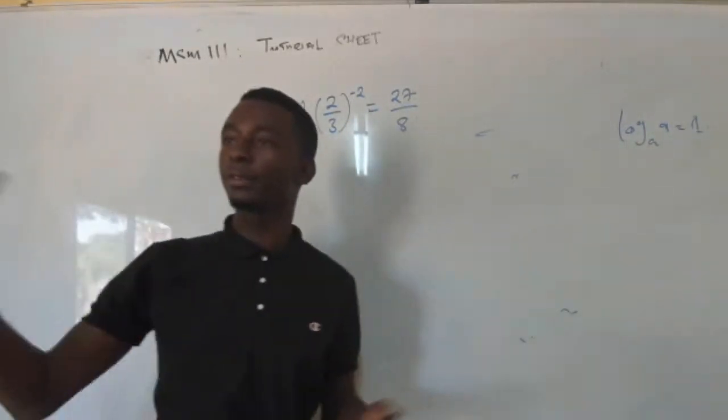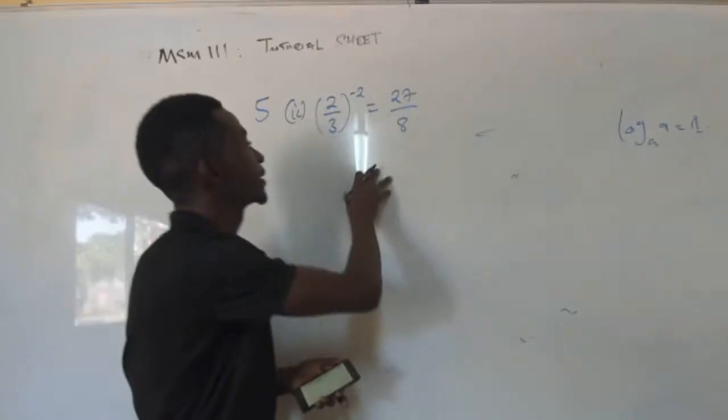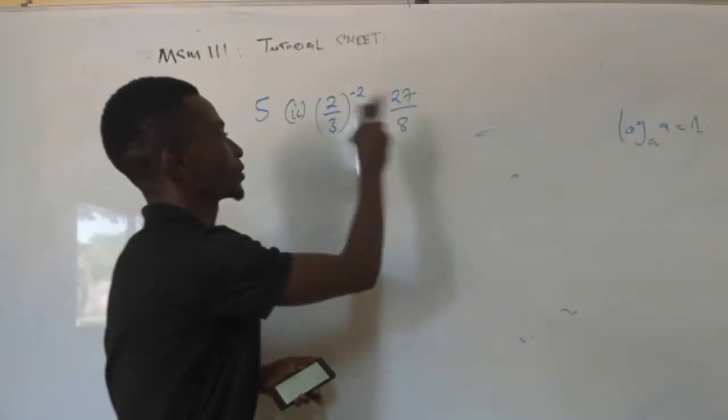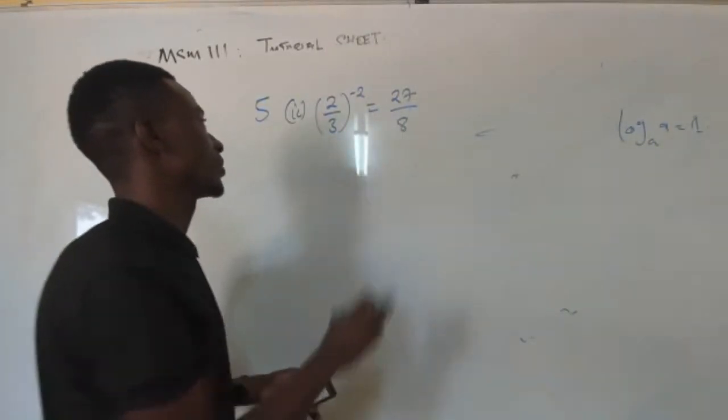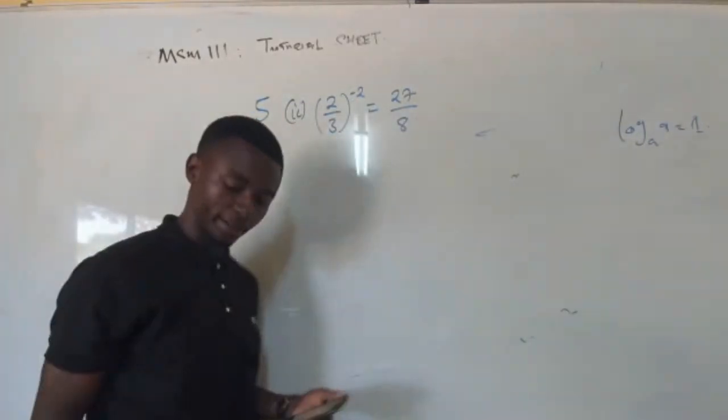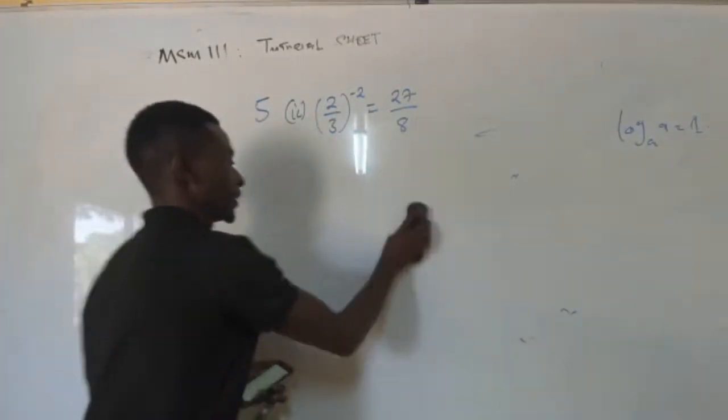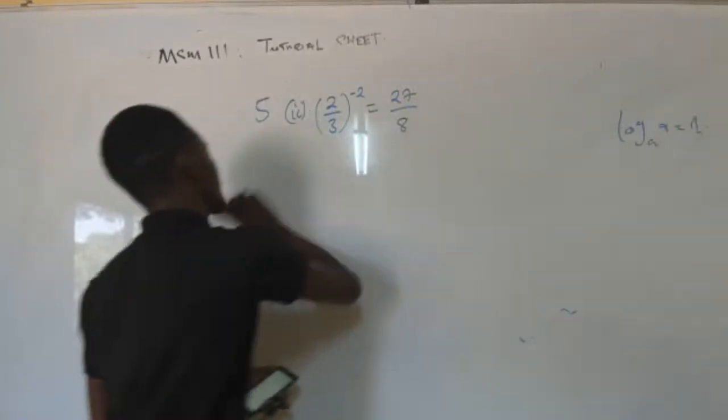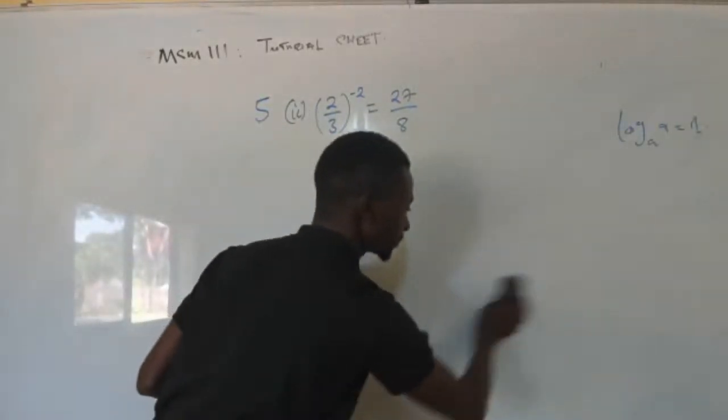If you want, you can use the two methods. You can use method 1, you can also use method 2 and see what we're going to get. Try this one. Make sure that you do that. Let's proceed.